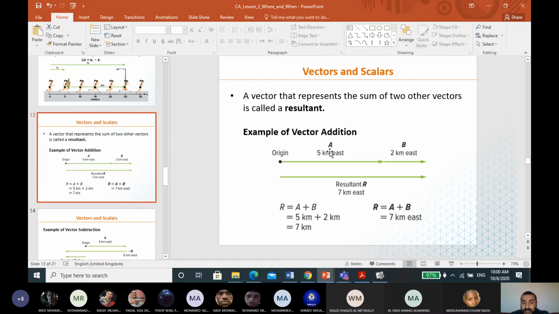We must add or subtract these values. Add. Okay, great. So it's adding the two vectors, because the resultant will be adding the two vectors here, because I am going in the same direction.